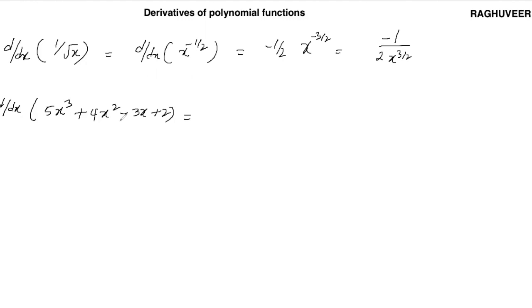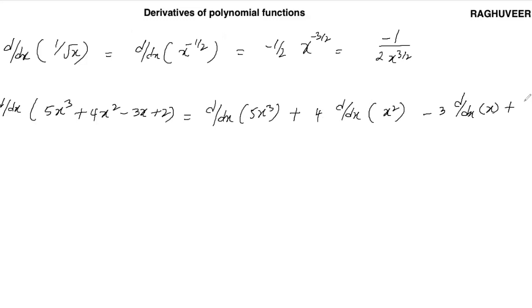So this is 5 d by dx of x cube plus 4 into d by dx of x square minus 3 d by dx of x, and then d by dx of the constant.